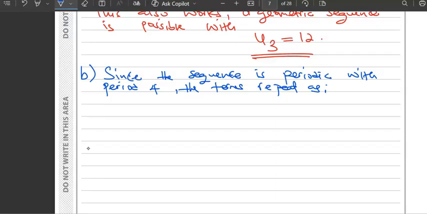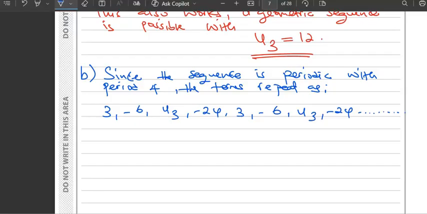So if you look at what we've been given, it will be 3, negative 6, u3, negative 24. It starts again, 3, negative 6, u3, negative 24, in that order. So it will be repeating after every 4 terms.